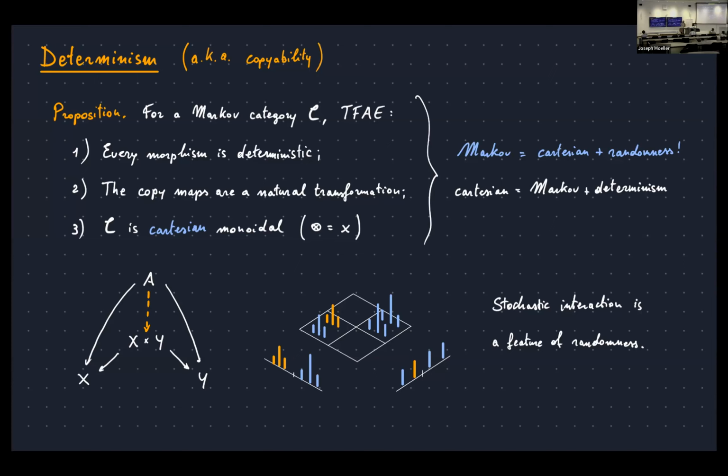That's not true for every Markov category, but just for Stoch and FinStoch. So in a general Markov category, you don't have this 0-1 thing. If you have the category, say, of sets and relations, in that case the deterministic morphisms are those that map an element to only one element and not an entire set.